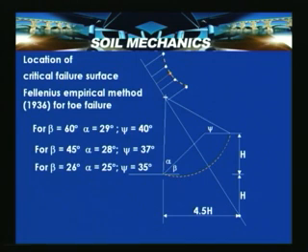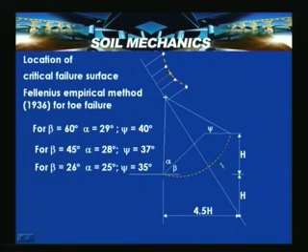For a given slope cross section, if the slope inclination is beta and h is the height, locate a point at a distance 2h from this particular point, and from this point at 4.5h locate a point here and join this point through this slope.